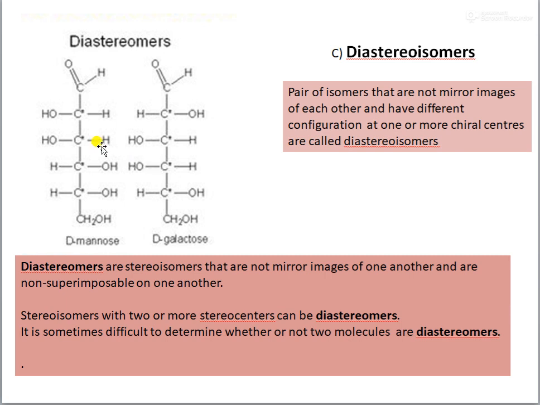Let me just repeat it to you here, taking this example of D mannose and D galactose. If you consider these two moieties, you can see that this is the first carbon atom, second carbon atom. In this, the C2 is found to be a what? Asymmetric carbon atom. And do identify the orientation of the moieties H and OH attached to the asymmetric carbon.